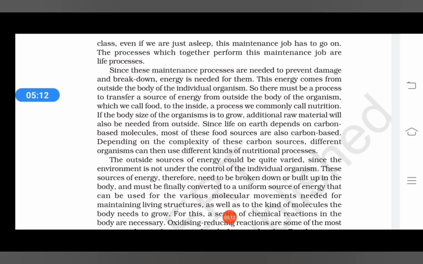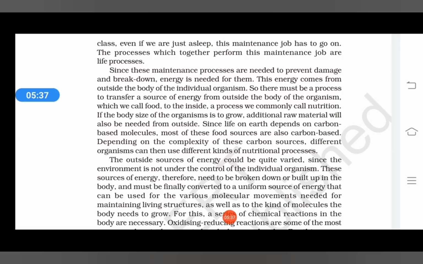If the body size of the organism is to grow, additional raw material will also be needed from outside. Since life on Earth depends on carbon-based molecules, most of these food sources are also carbon-based. Depending on the complexity of these carbon sources, different organisms can use different kinds of nutritional processes.